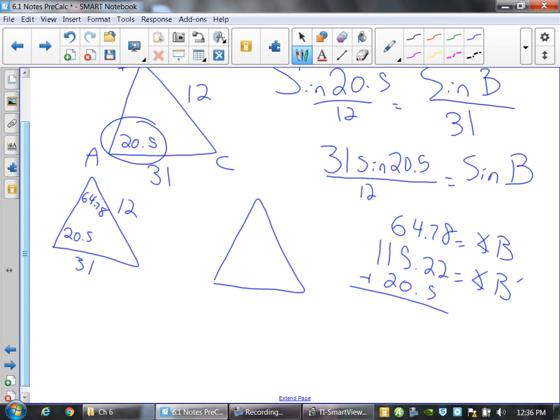Or you get 20.5, and angle B prime would be 115.22, and then you'd have a different angle C. So you're going to have two different angles for B, two different angles for C, and two different lengths for side C. That's all this is doing.